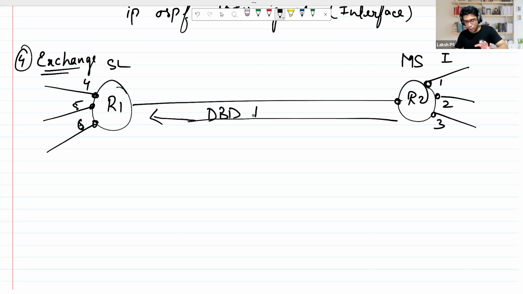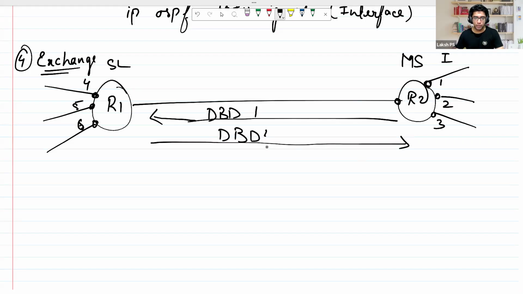Now, in response to DBD number 1, R1 is going to share his DBD number 4. That means until and unless the master shares his DBD, the slave cannot send its own DBD. Master will send the DBD. Slave will send its own DBD as a response.